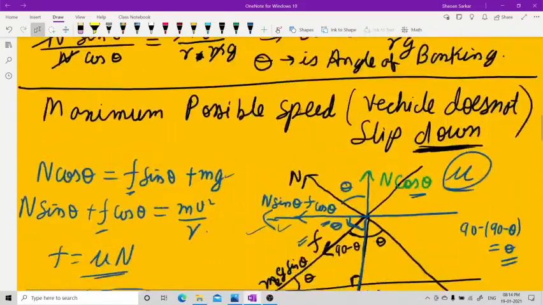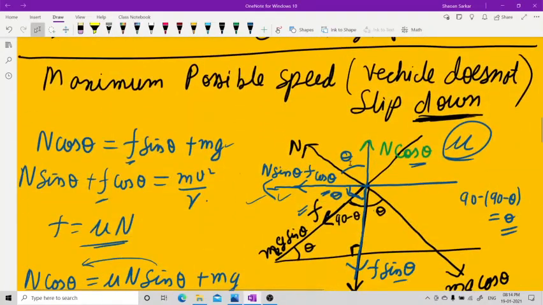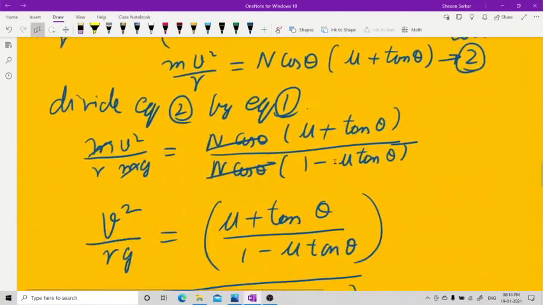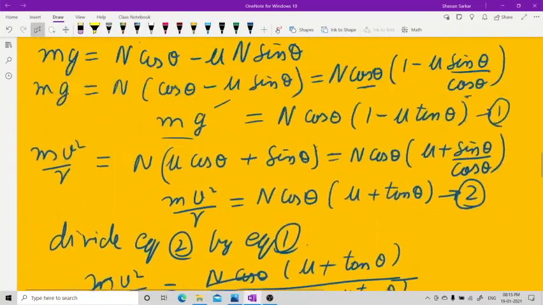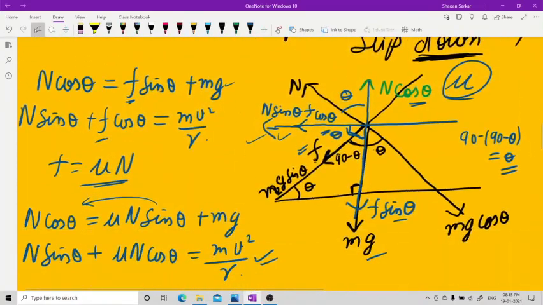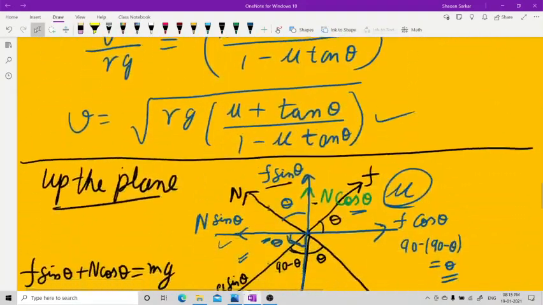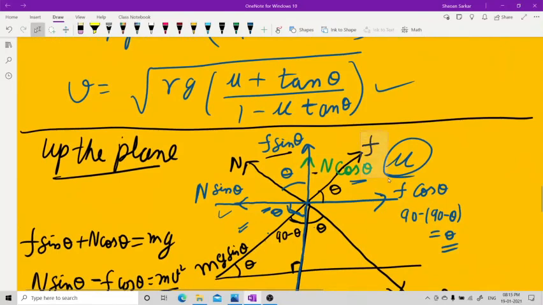Friction force is inclined. In this case, the friction is inclined downward. What is the only difference in the other? The friction is inclined upward. This is the only difference. The rest is all the same. The normal is in this direction making this angle. Only this friction is changing the whole thing.